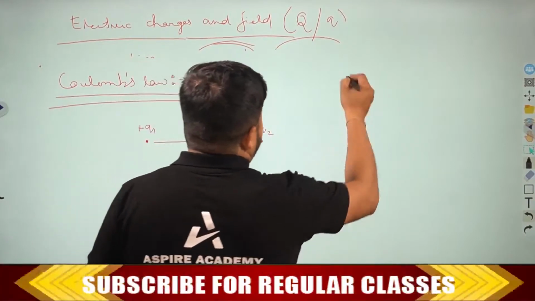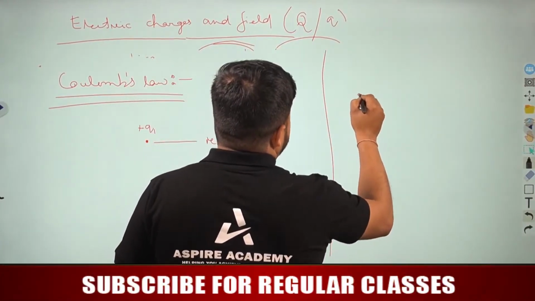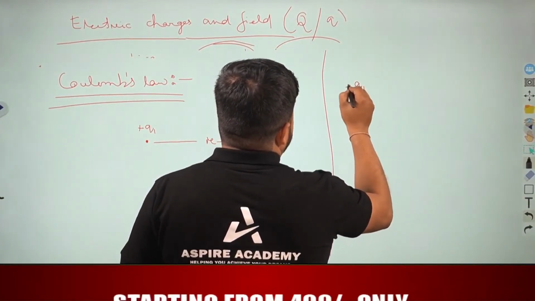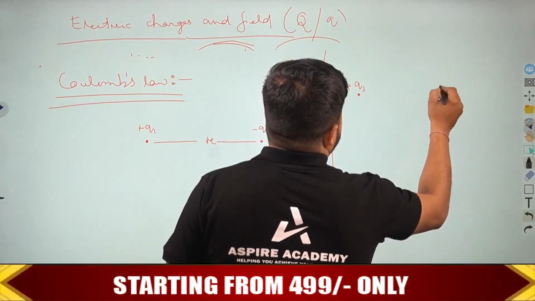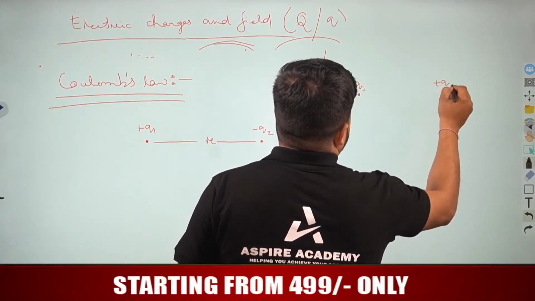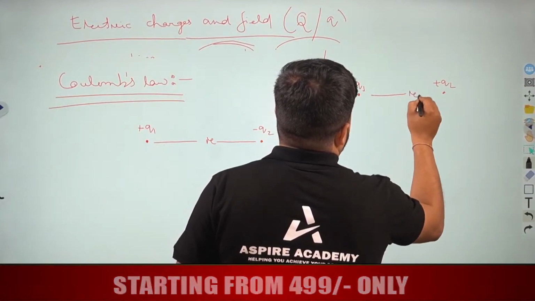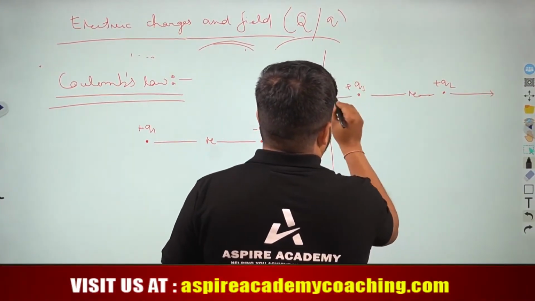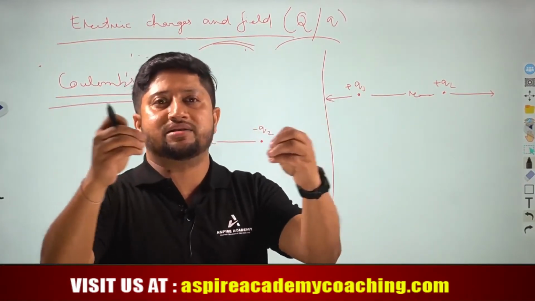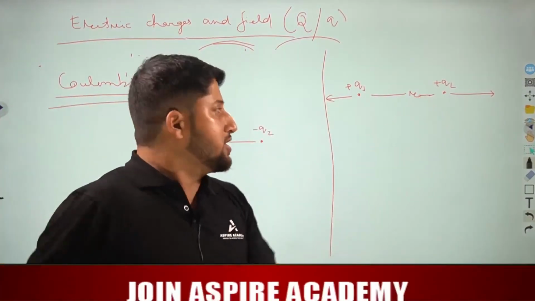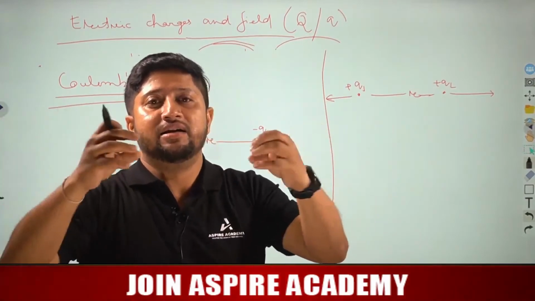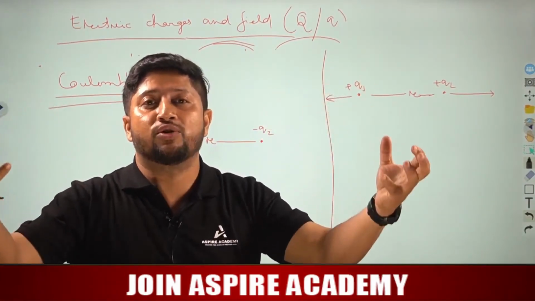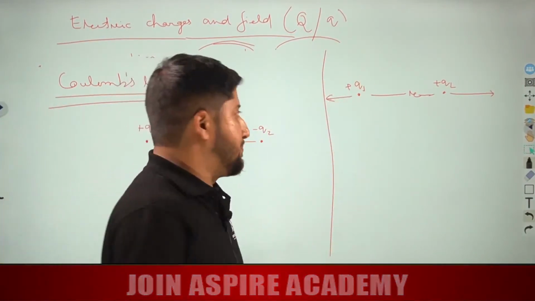In another case, suppose this is a positive charge Q1 and another positive charge Q2 is placed here at a distance R. In this case, repulsion is produced. They repel each other because they are similar charges. This force is called the repulsive force.